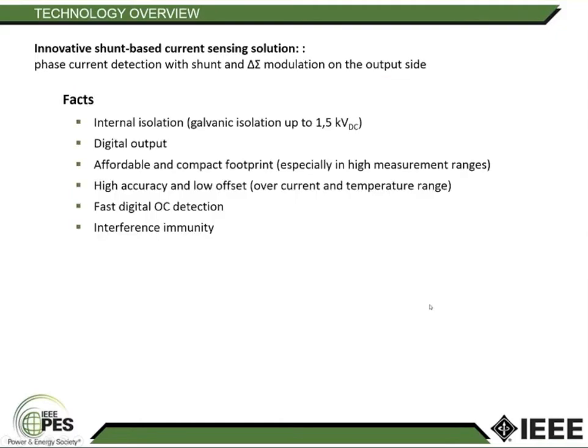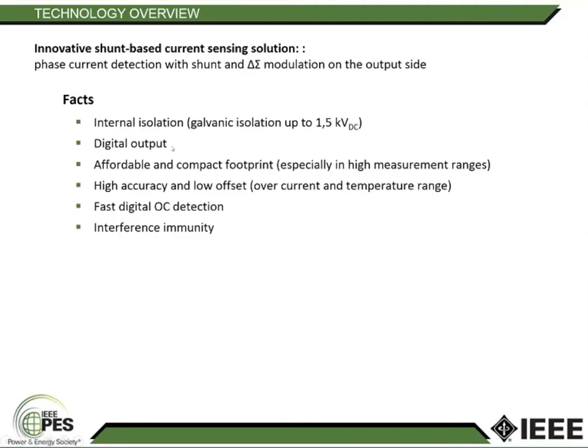To summarize that, shunt-based current sensing modules also come with internal isolation. Against a pretty widespread public opinion, it is possible to isolate those current sensing modules internally. In our example, the galvanic isolation is up to 1.5 kilovolts. They come with a digital output.